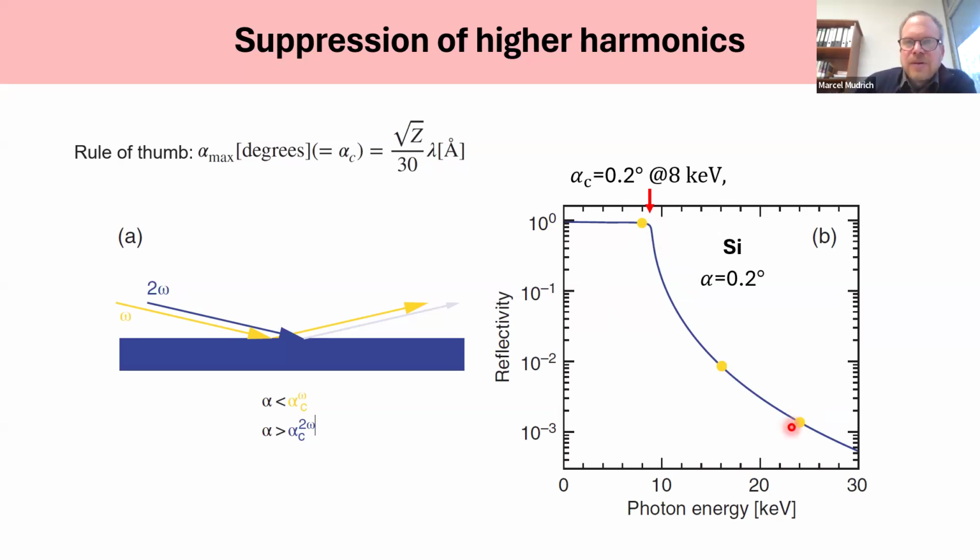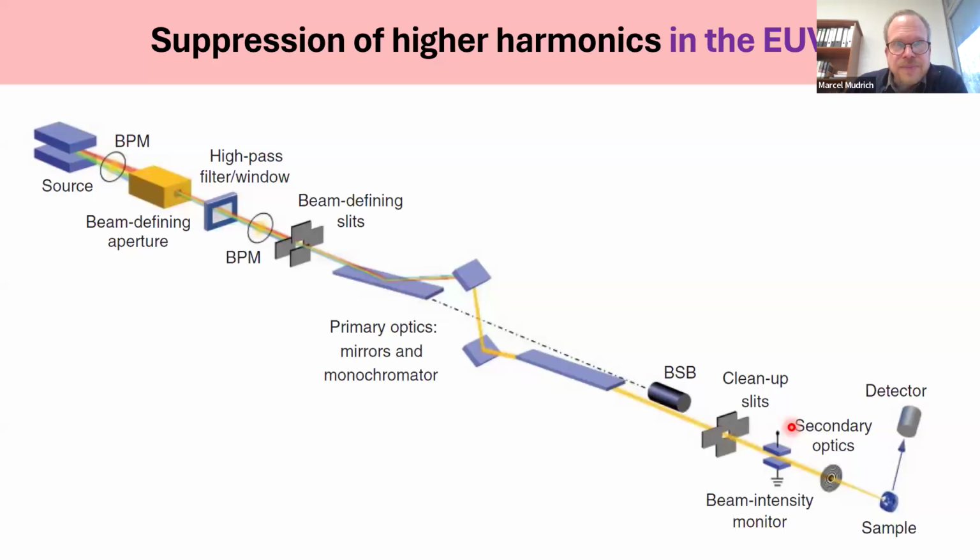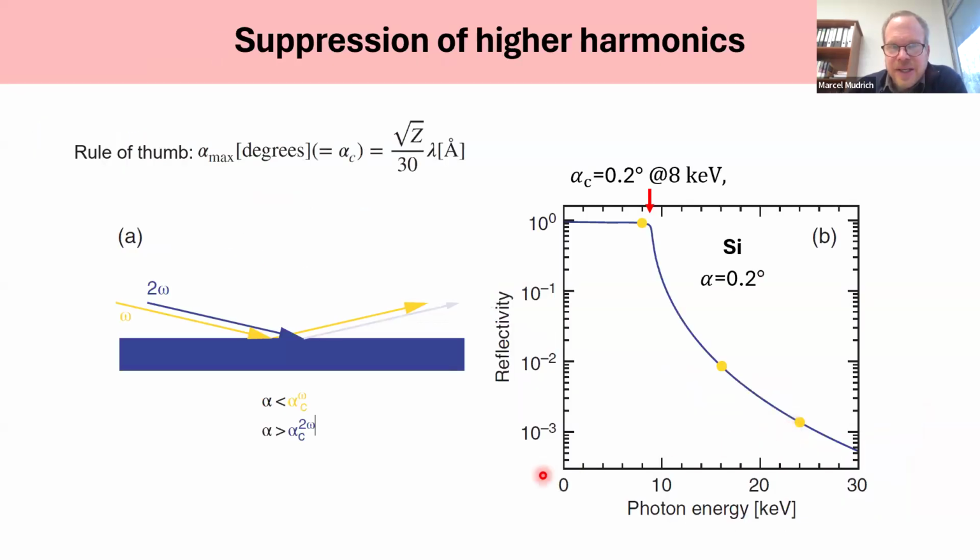So this is one way of suppressing higher harmonics in the X-ray regime, which is very convenient, and there are other ways of doing that. But that works nicely in the X-ray range, where we have this total external reflection effect.